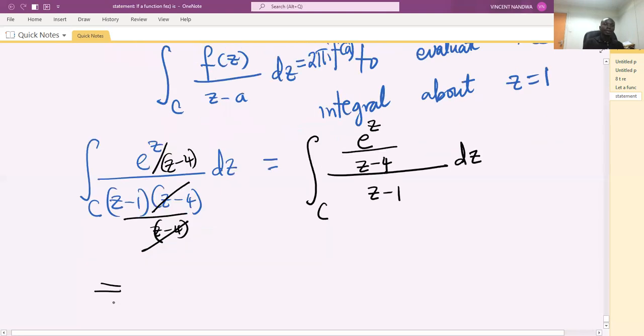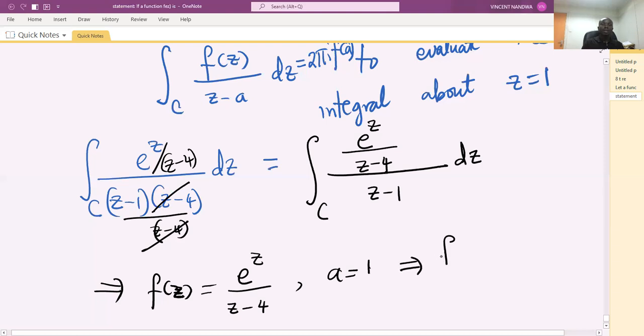Which implies that f of z will be e raised to the power z over z minus 4. a is 1, so f of a equals f of 1, which will be e raised to power 1 over 1 minus 4, which gives e over minus 3.